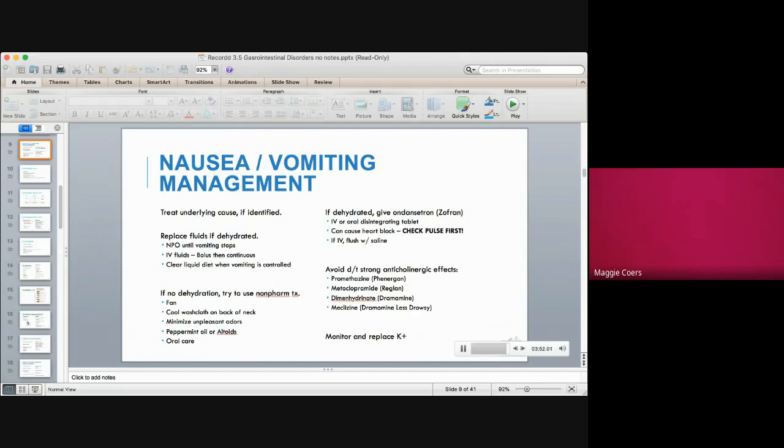So we really need to watch for falls. The first two listed here, the Phenergan and the Reglan, are prescription, and the other two are over the counter. But again, they're anticholinergics, and we need to try to avoid them at any cost in an elderly patient. So when we draw the labs, we do want to monitor and replace potassium if potassium was lost.